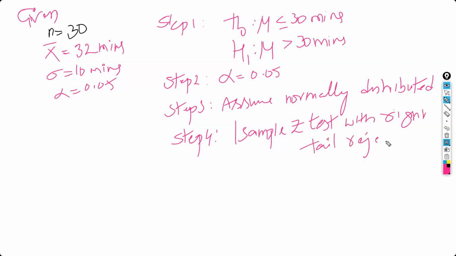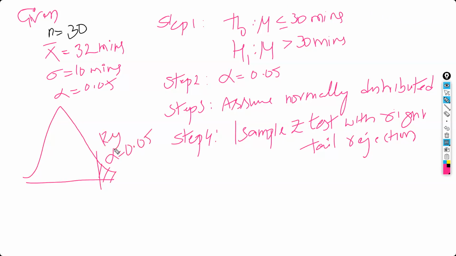Now, if it is a right tail rejection, how to draw the diagram? First, we have to draw the normally distributed data. In that, should I take the rejection on the right side or left side? Right side rejection. That is alpha on the right side, that is 0.05, where you are going to reject the null hypothesis.